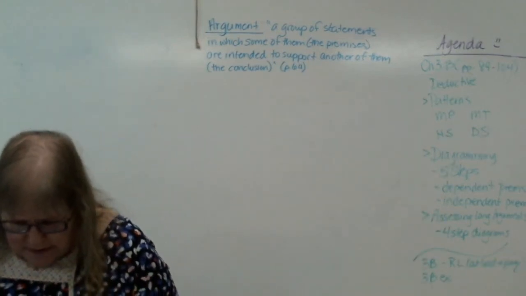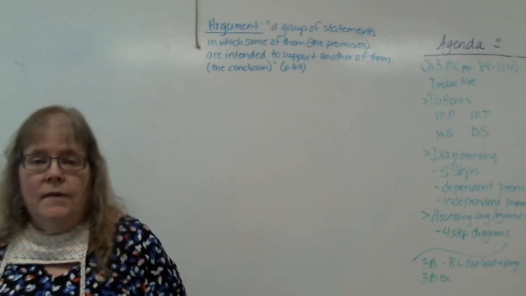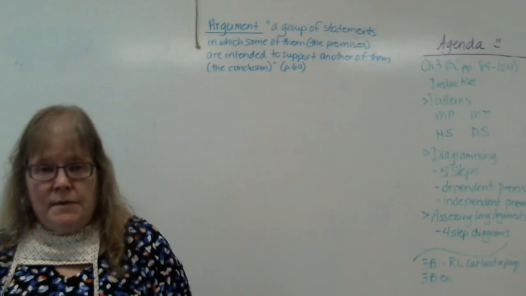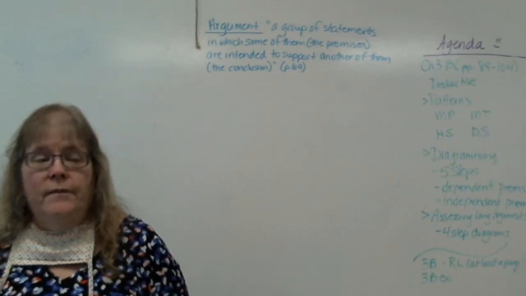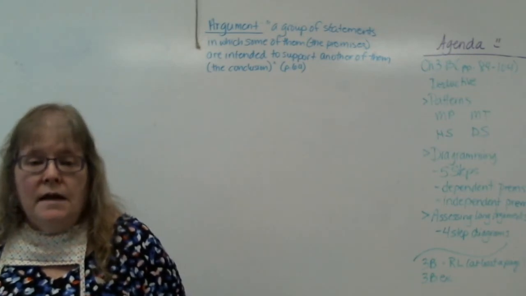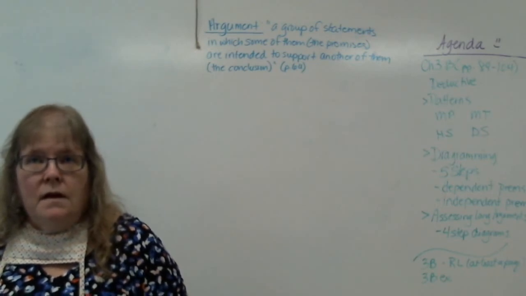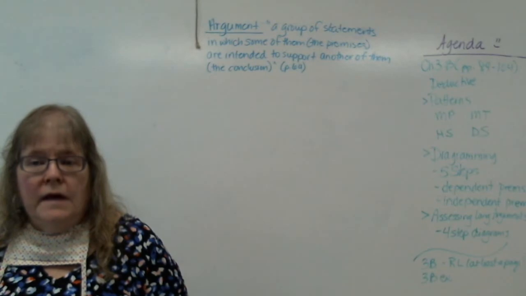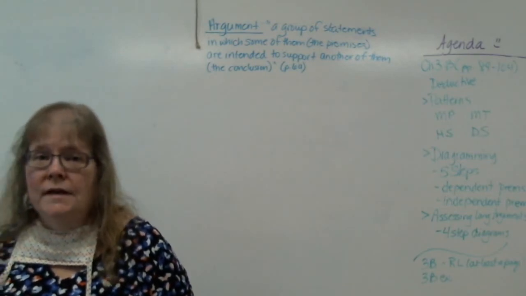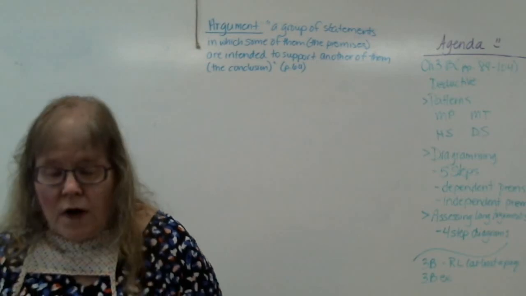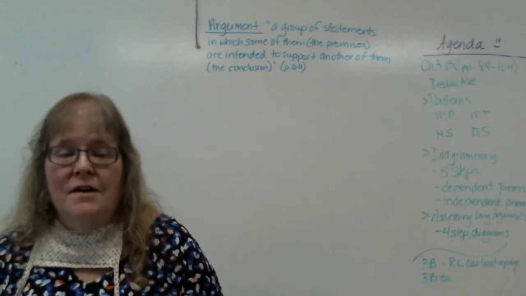Locate the premises and underline them. Now, that's going to have you make some judgments about the rest of the statements in this particular paragraph. Because if something is an explanation, it's not really a premise. So you have to be careful. Cross out all the extraneous stuff.